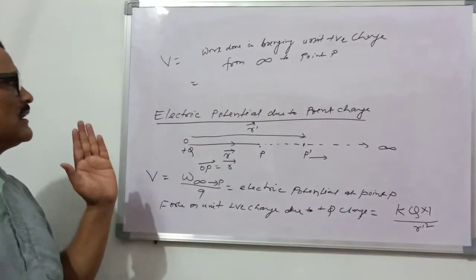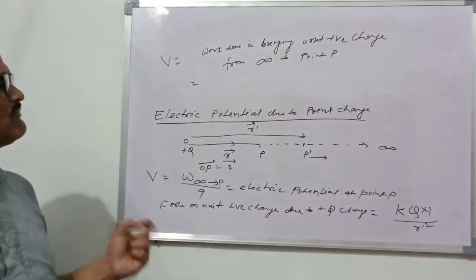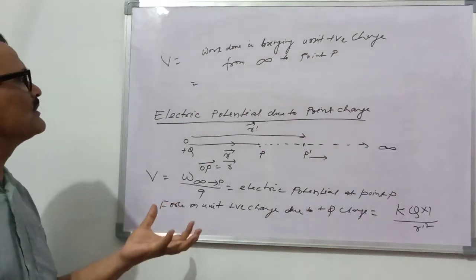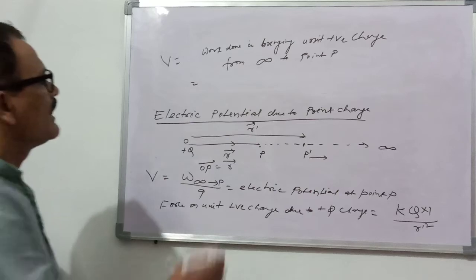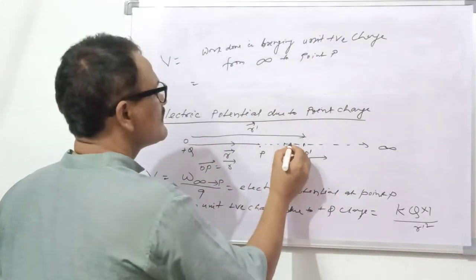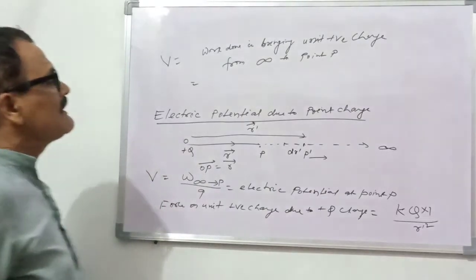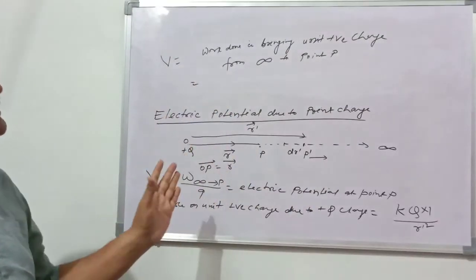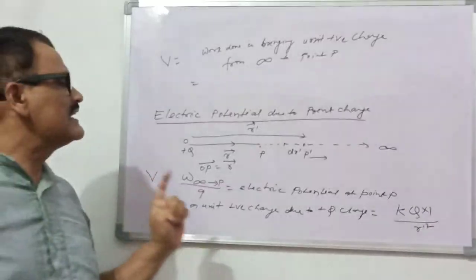So we calculate the work done for a small displacement, as the displacement tends to 0, say dr dash, and in this displacement the force is kept constant.